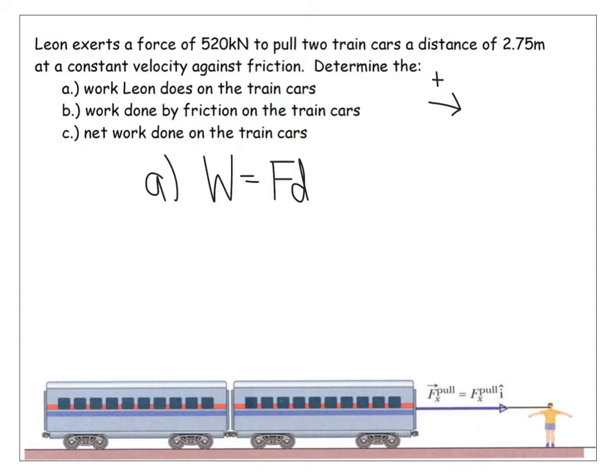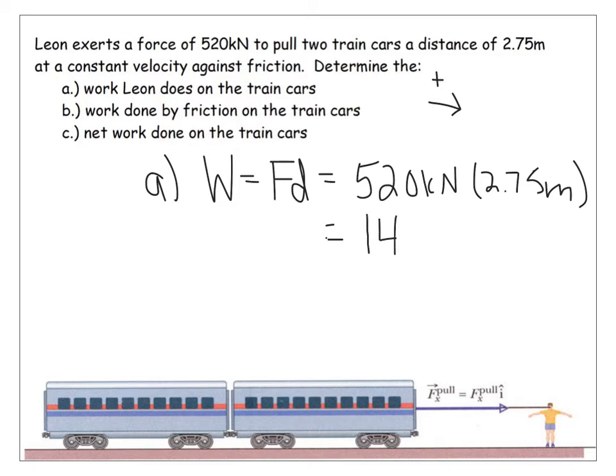So if Leon applies a force of 520 kilonewtons over a distance of 2.75 meters, then I get my calculator, and I get work of 1,430 kilonewtons times meters. Which brings us to the units of work.